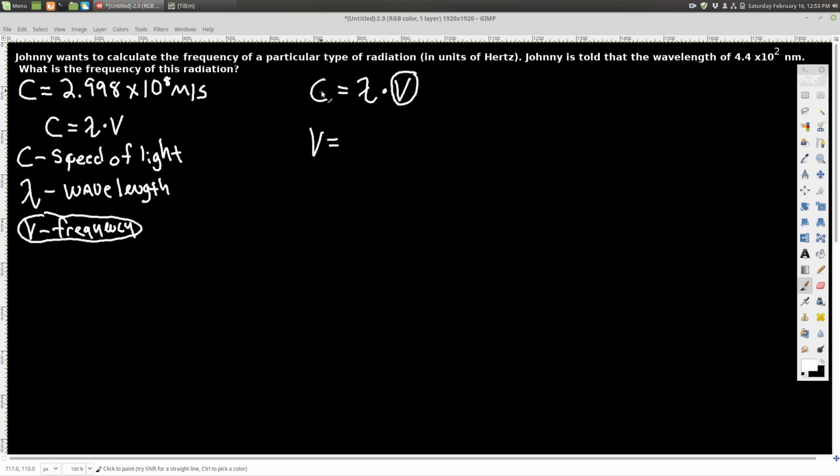C is already on the other side, so we don't have to touch it. But we do need to get rid of lambda, the wavelength. Since it reads wavelength times V, we need to divide both sides by lambda. What that will do is cancel lambda with the V, and it will put the lambda underneath C.